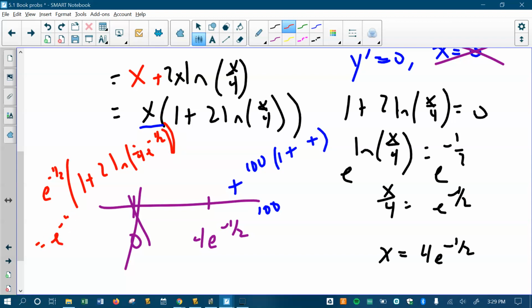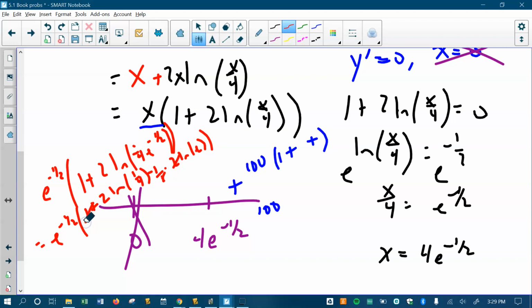So we have e to the negative 1/2 times 1 plus 2 ln of 1/4 minus 1/2, times 2 times ln of e. So I used some properties here. I broke up the 1/4 e to the negative 1/2 to see what was going on. The 1/2 came down in front, and then it's natural log of e, so those all cancel, and I just get minus 1.